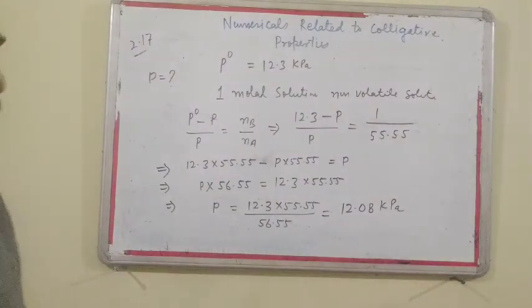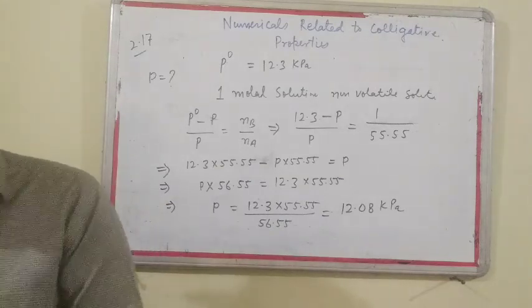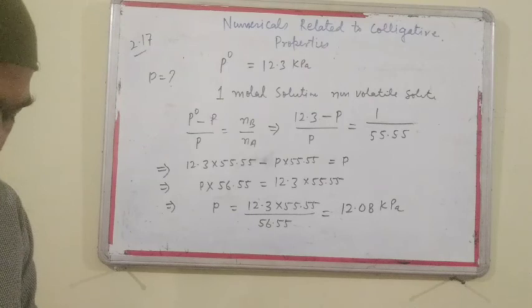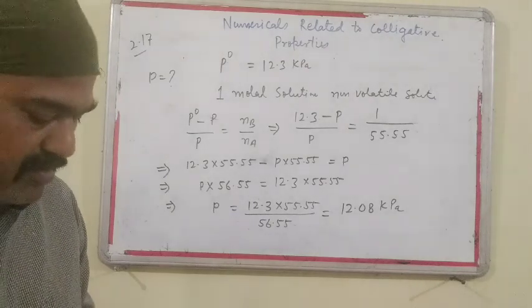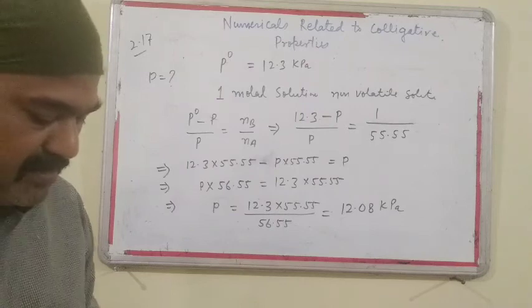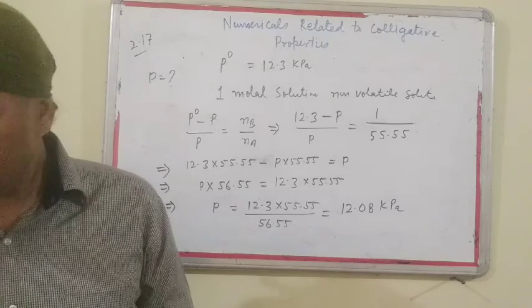Now we take another very good example in which the van't Hoff factor is used, and the question of the NCERT book is 2.33.